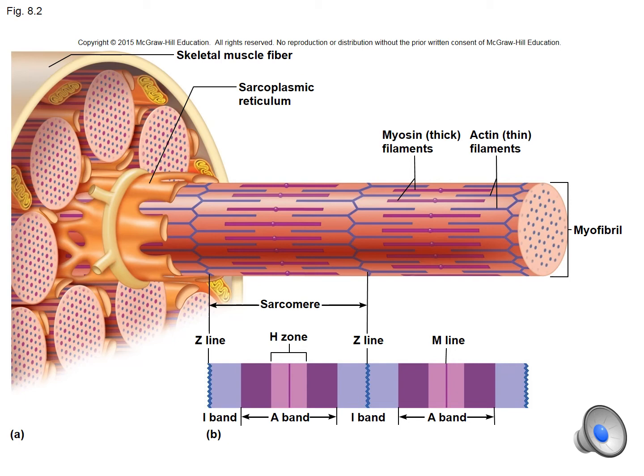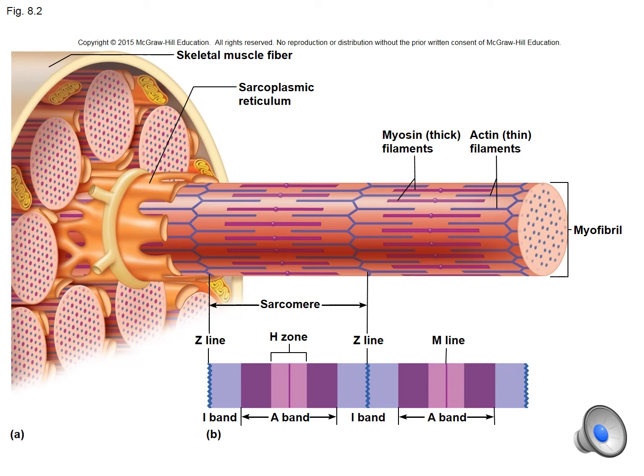If you think about dark band, dark has an A in it, so dark goes with A band. And light has an I in it, so light goes with I band. The actin filaments generally stain lighter than the myosin filaments.